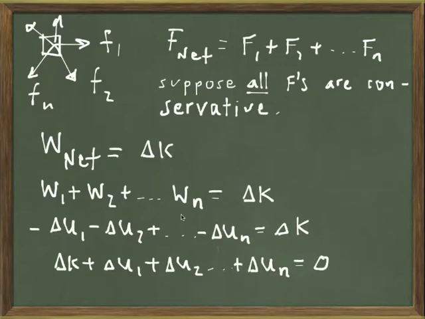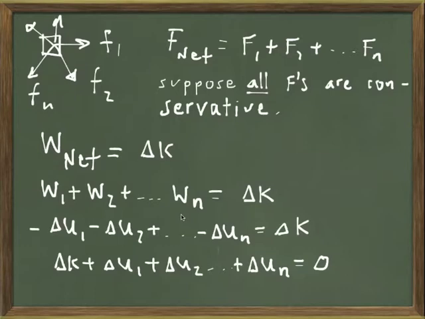And that equation can be written, of course, as delta K plus delta U1 plus delta U2 plus delta UN equals 0. So what does this equation say? The change in kinetic energy plus the change in potential energy 1 plus the change in potential energy 2 plus the change in potential energy 3 and so on is equal to 0.